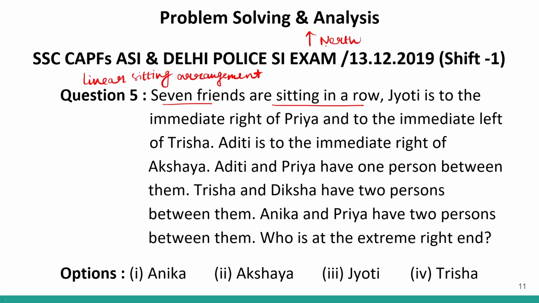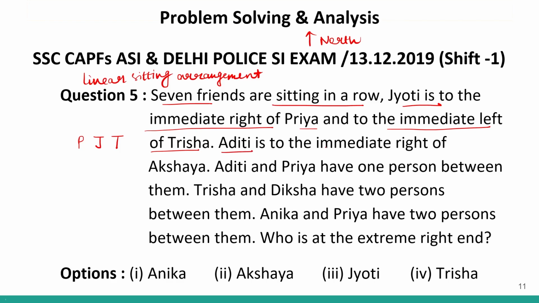Now, 7 friends are sitting in a row. Jyoti is to the immediate right of Priya. So let's say Priya is sitting over here, Jyoti is to the immediate right. Jyoti is also to the immediate left of Trisha. So Trisha will sit over here.